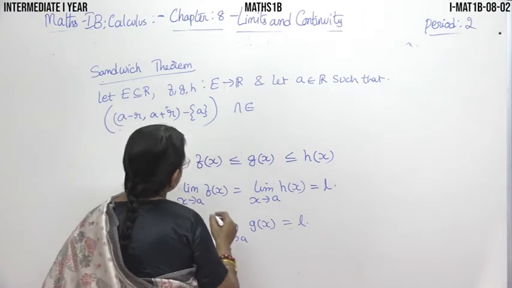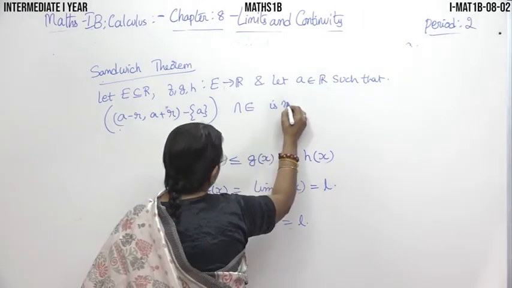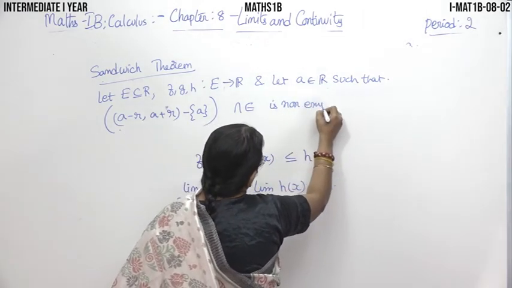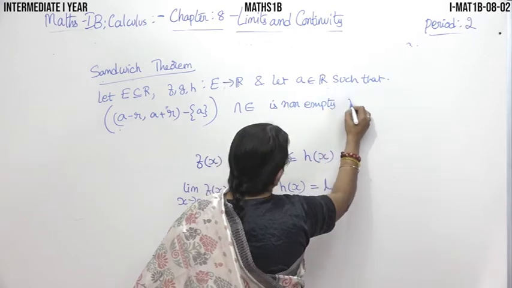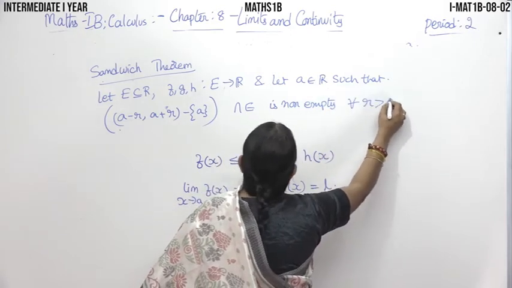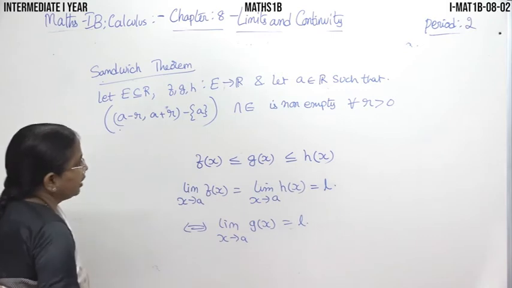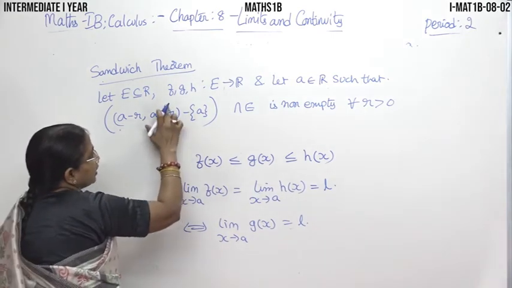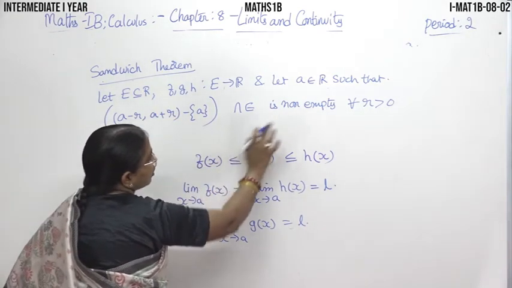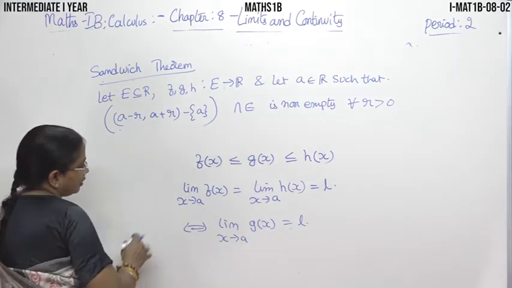If it is an empty set, you cannot define. So it should be the deleted neighborhood of A, that is non-empty for all r greater than 0.